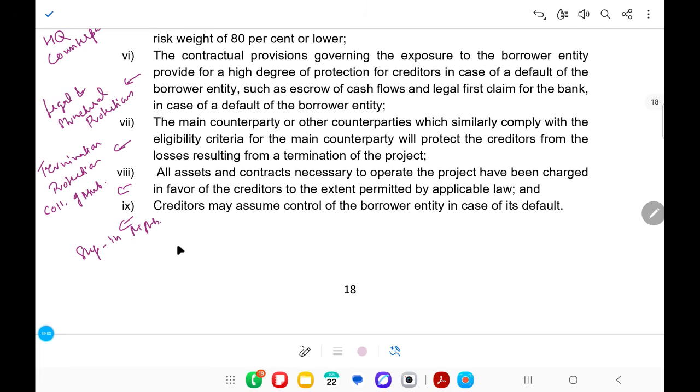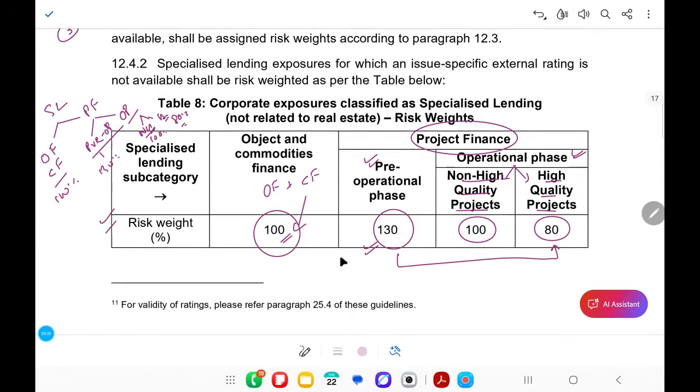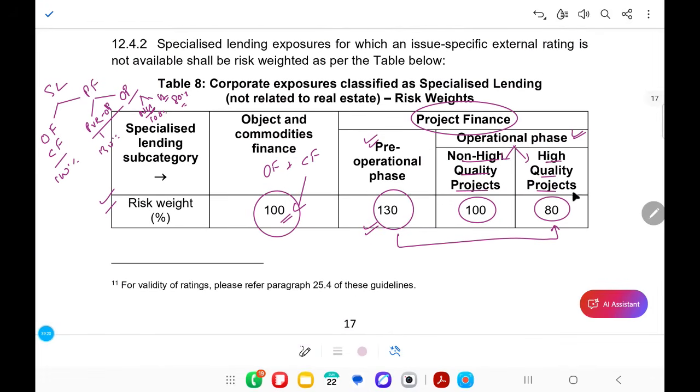And the last condition is about the step-in rights, which means the lending creditors must legally have the ability to assume control of the borrower's entity in case the borrower defaults. Right. So friends, these are the conditions. If these conditions are met, you can claim a lower risk weight of 80%. Otherwise, your risk weight under the operational phase will be 100%.